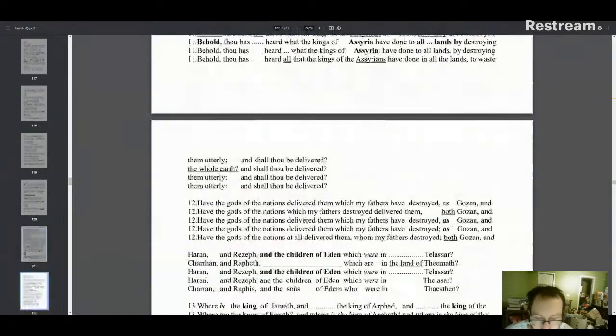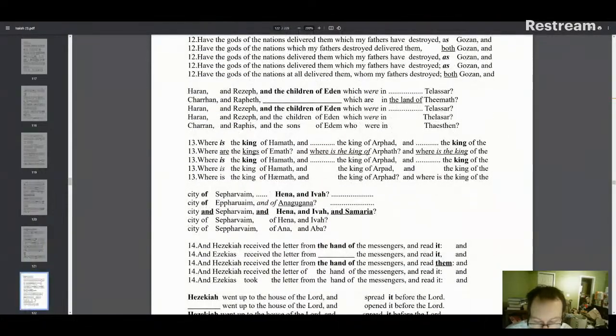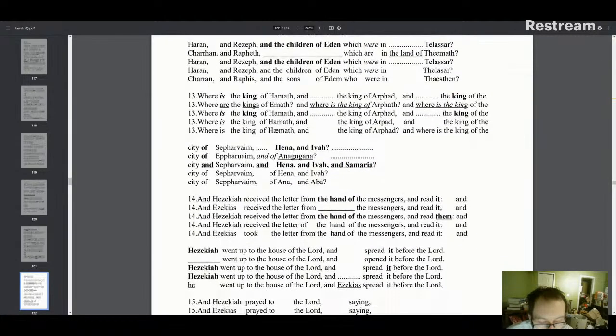Where is it? Right here. See? Sepharvaim, Hena, and Ivah. It's in all versions this time. The Dead Sea Scrolls also says and Samaria. Interesting reading there. Then all the other versions say hand of, whereas the Septuagint of Isaiah doesn't.